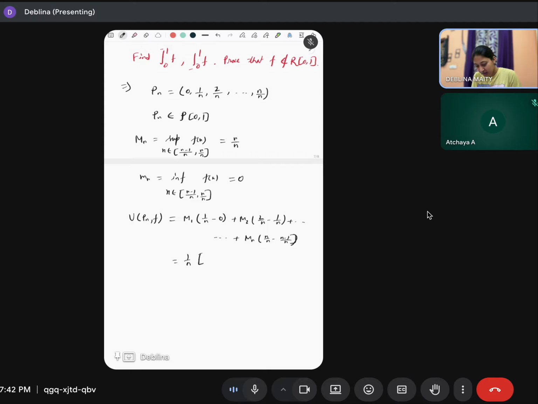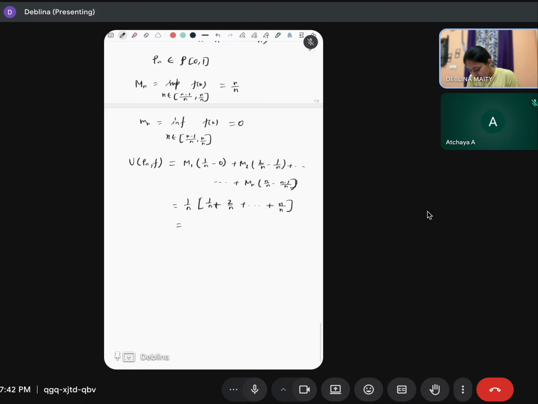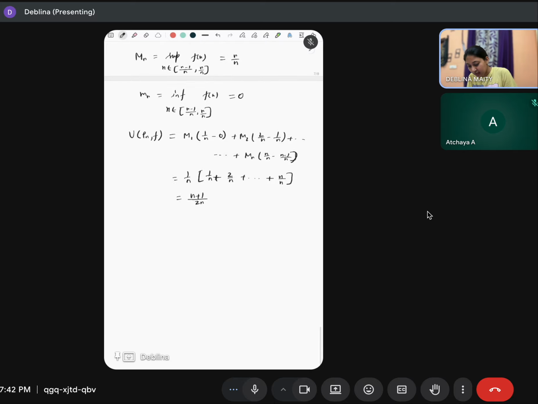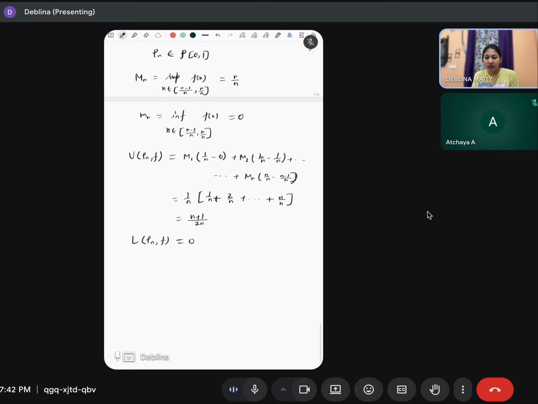So the first M1 is 1 by n, the second is 2 by n, and the last one is n by n, right? And this value will be (n plus 1) by 2n, right? This will be U(Pn, f), and L(Pn, f) is basically 0 because all the small mr are 0.